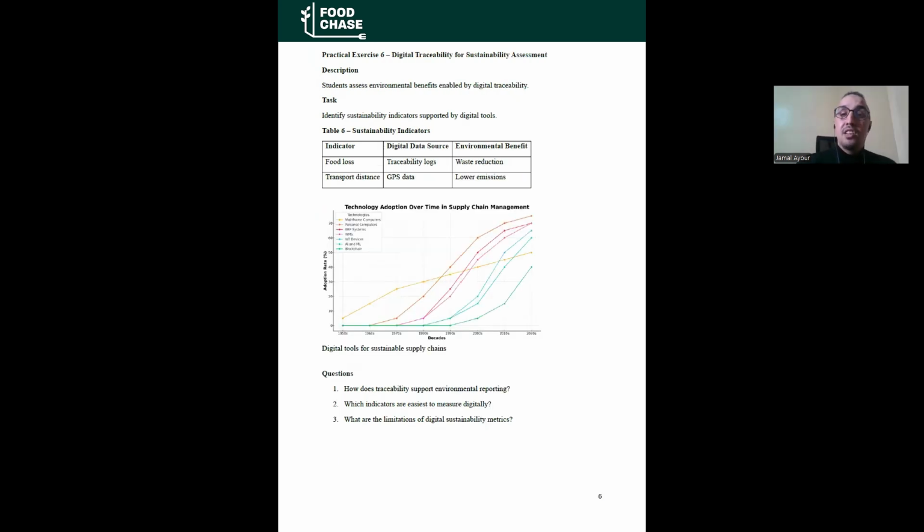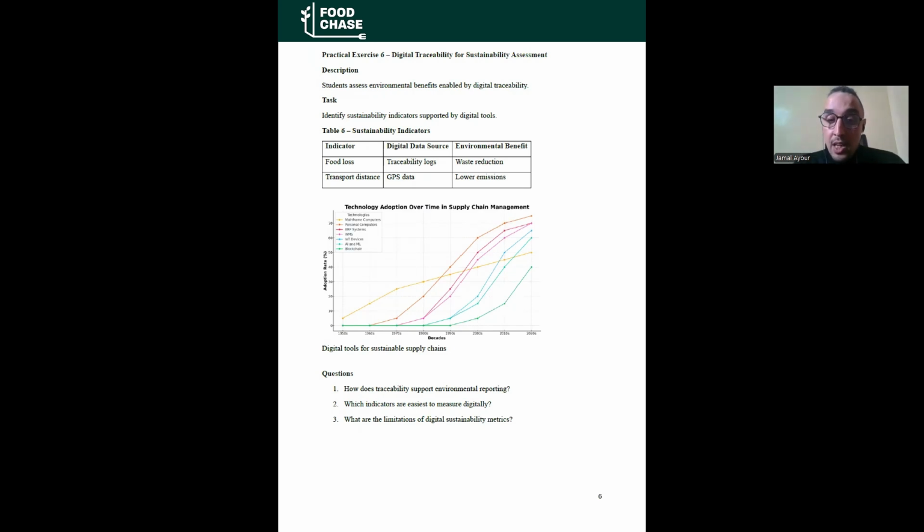About exercise number 6, regarding digital traceability for sustainability assessment, students assess the environmental benefit enabled by digital traceability using different indicators, for example food loss and transport distance. For digital data sources, we have traceability logs and GPS data, for example for transport distance, and also the benefit for the environment, such as lower emissions and waste reduction.